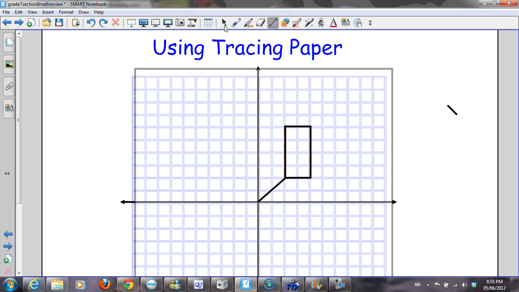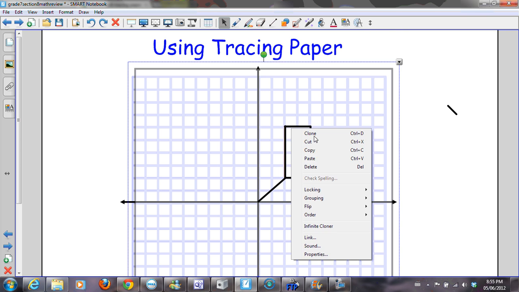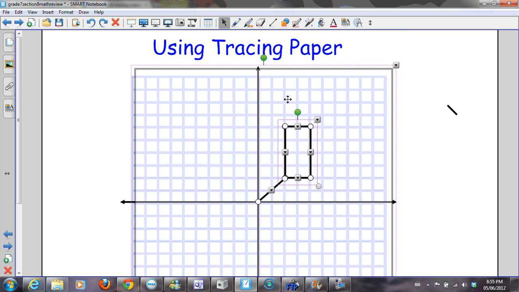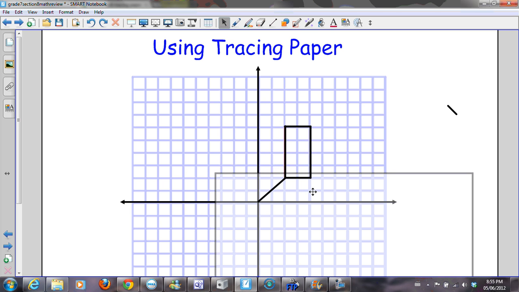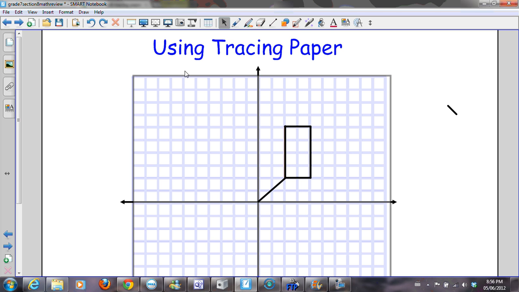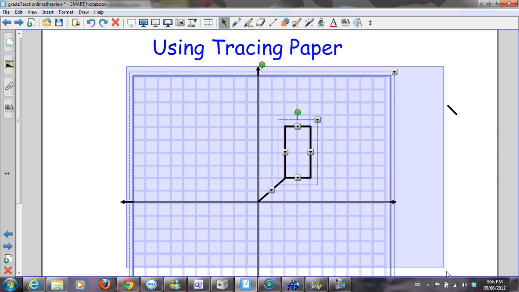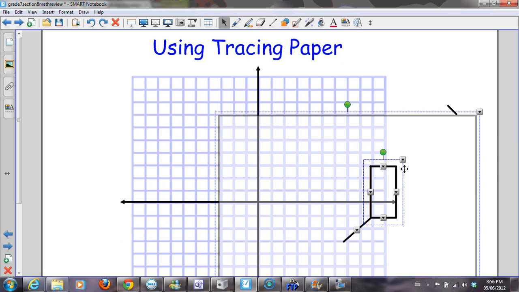But it's pretty easy to do with tracing paper as long as you make sure that it rotates for you. Let me see if I can group a few of these together. Okay. So it's not going to group together for me. Perhaps I should have done it earlier.